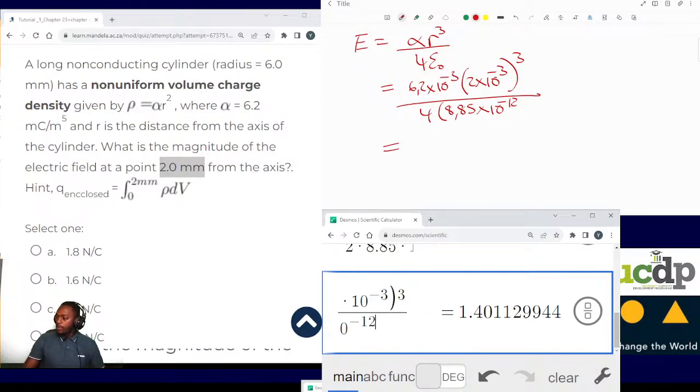Right, so I'm also getting 1.4. I think there's someone who put their answer as 1.4 as well. Yes. Someone also put their answer as 1.4.